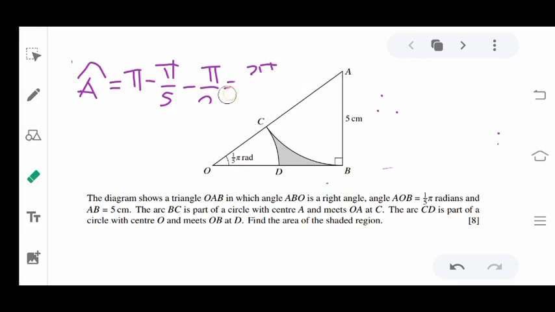How do you find the area of the shaded region? It means total area, that is area of triangle, minus area of the sector, minus area of the second sector.